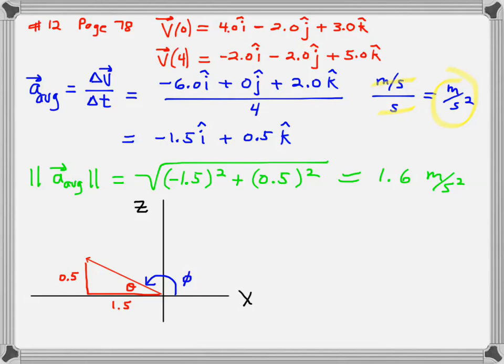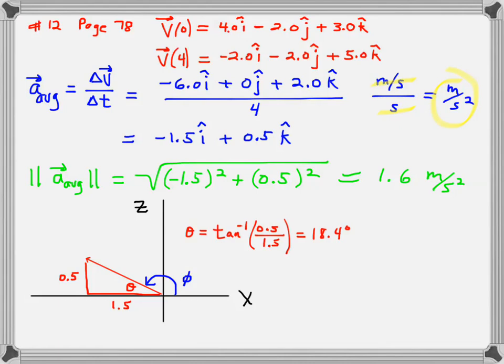To answer what angle the vector makes with the positive x-axis, we want the blue angle phi at the bottom of the screen, but we're going to go into the red right triangle on the left and find theta. Since we know the side opposite and adjacent, we can solve for theta and get inverse tangent of 0.5 divided by 1.5.